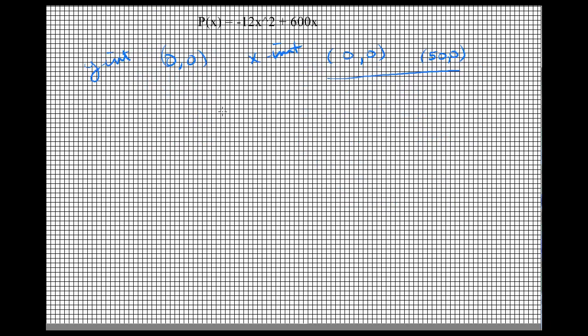Our next step is to find the vertex of this parabola. First we have to find the x-coordinate of the vertex, and remember the formula for that: minus b over 2a. Using our original quadratic equation, a is minus 12 and b is 600. We plug those values into our formula.